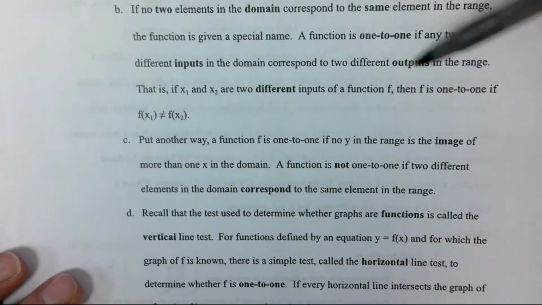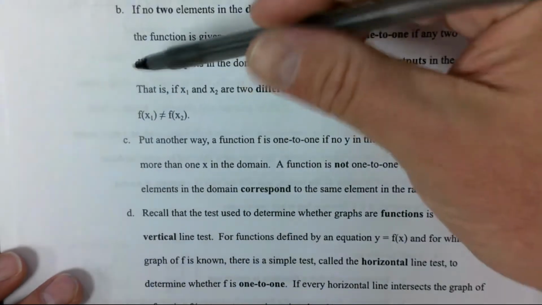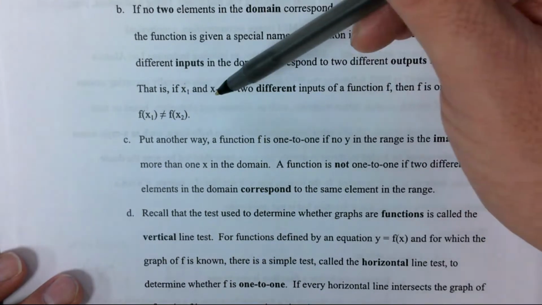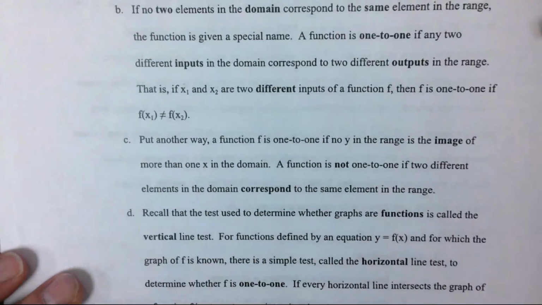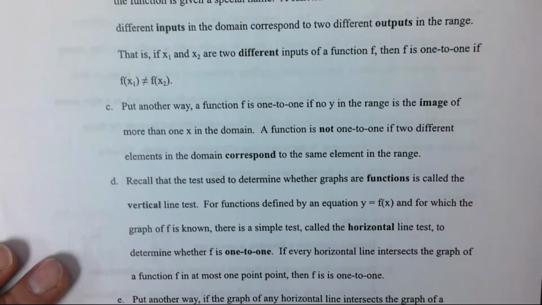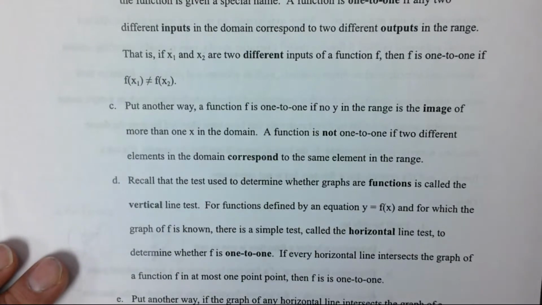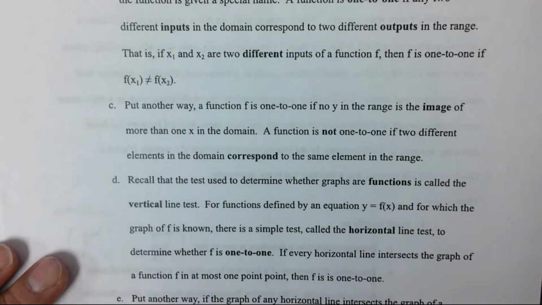It's only one-to-one if when you do the function to this one, it's not the same as the function to that one. Another way to describe it is to use the word image, which relates to range. So a function is one-to-one if no y in the range is the image of more than one x. And it's not one-to-one if two different ones correspond to the same.